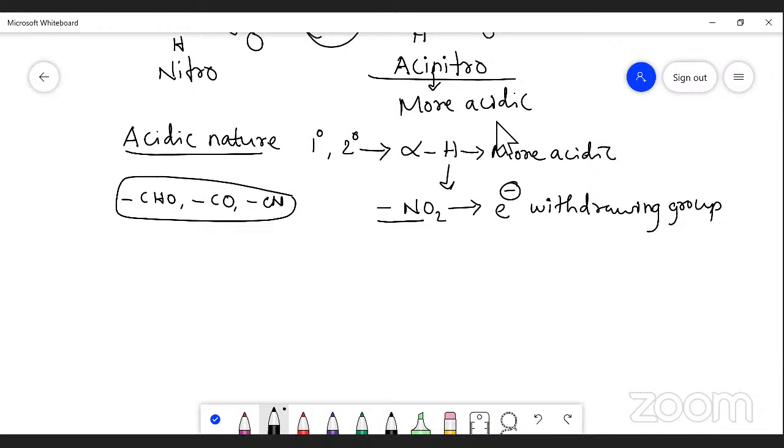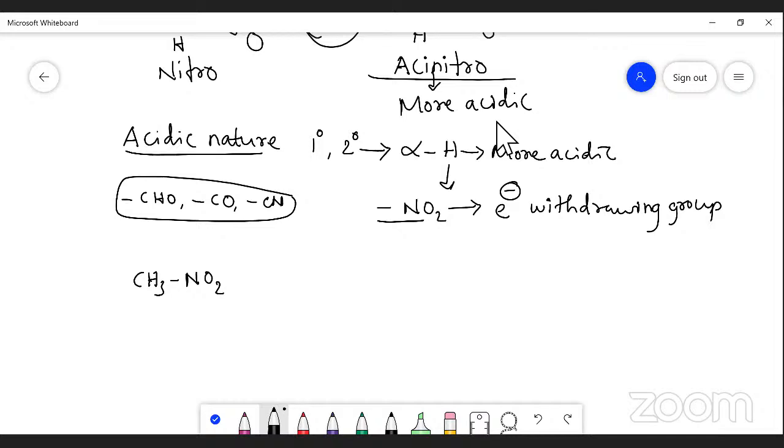If you take the acidic character, it depends upon the nature of the alkyl group attached. Take the compounds CH3NO2, that is nitromethane.